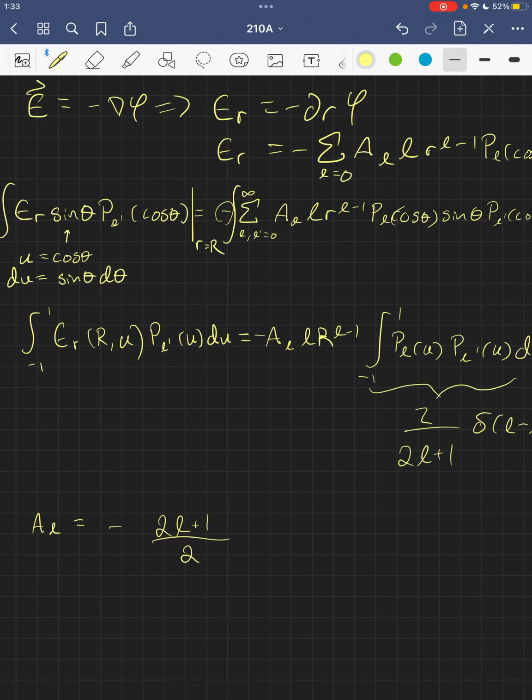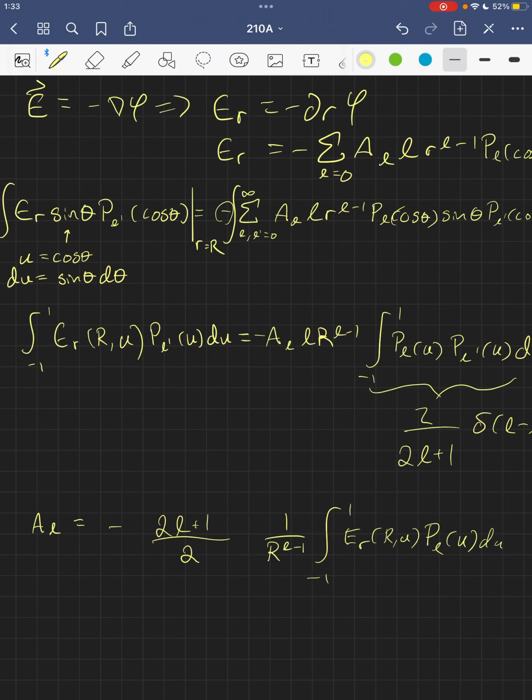And then we have the 1 over r to the L minus 1 term. And then we have our integral here, E r u, PL u, du. Right? So that's what we have.